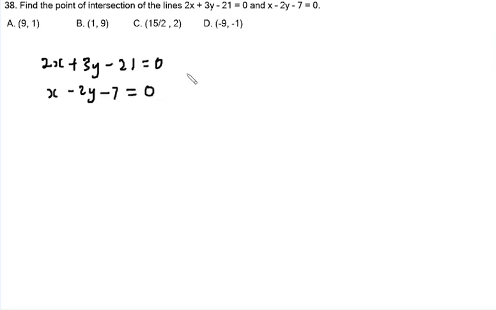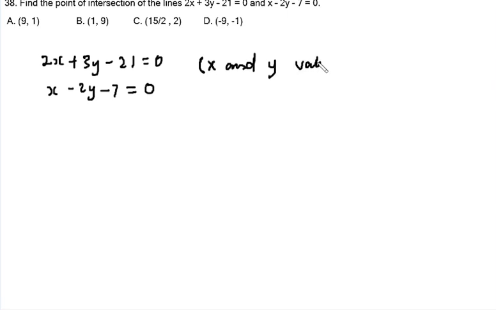So the point of intersection is simply that point where both lines have the same x and y value. So for both lines to have the same x and y value, we can solve this as a simultaneous equation and get our answer.